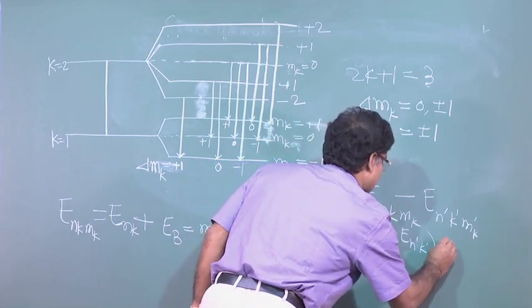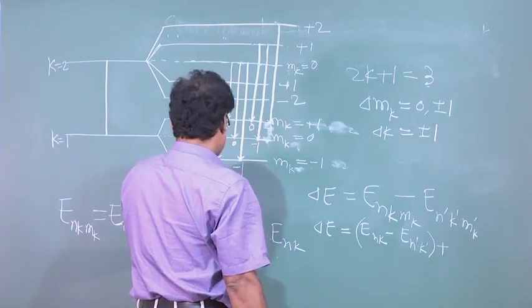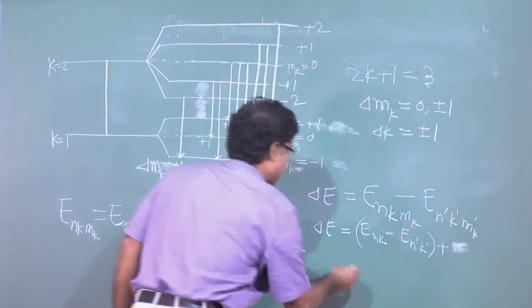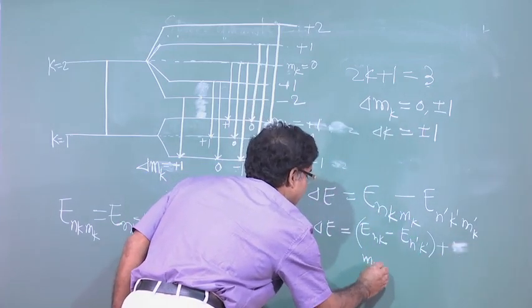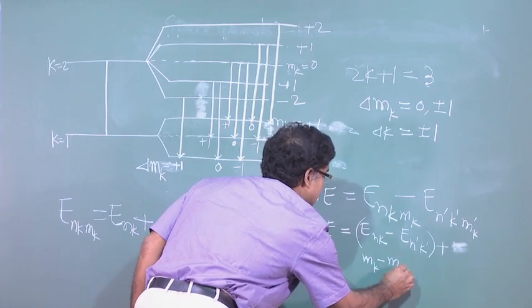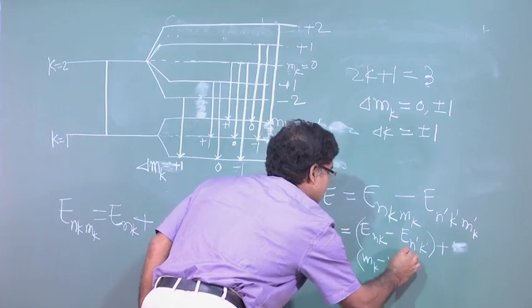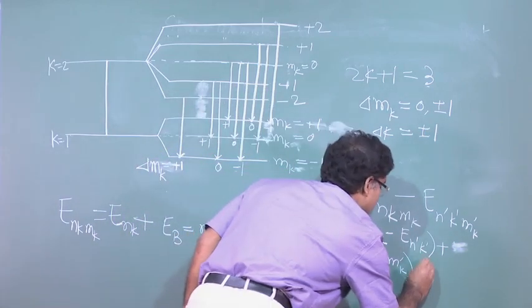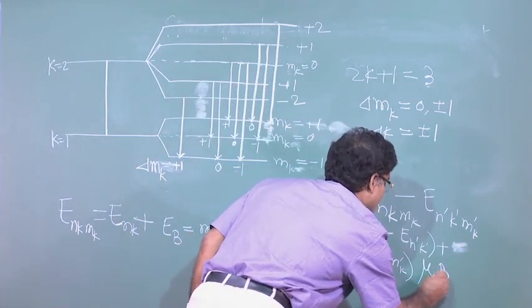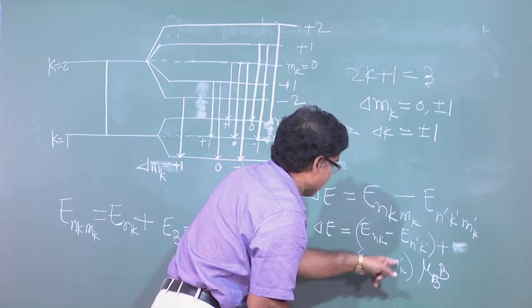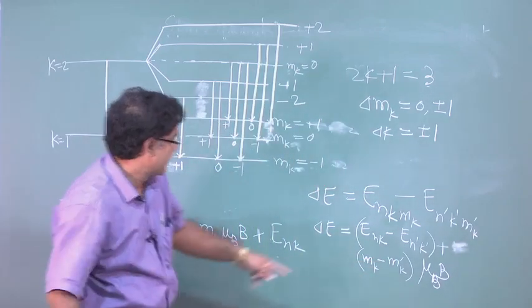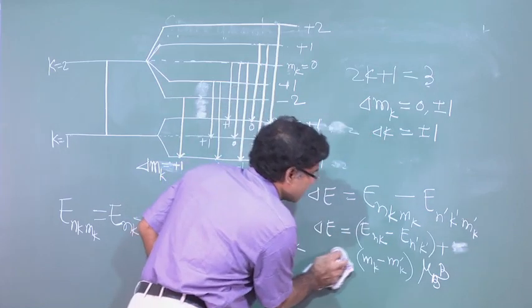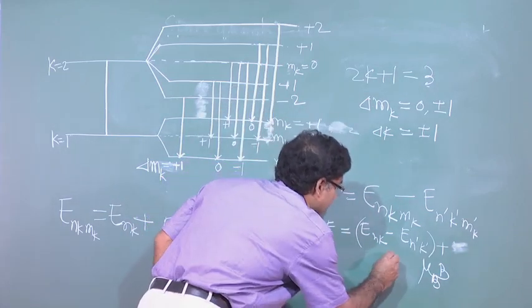And then I will get m k minus m k dash, and then mu B. This m k minus m k dash is basically del m k, so I can write del m k.